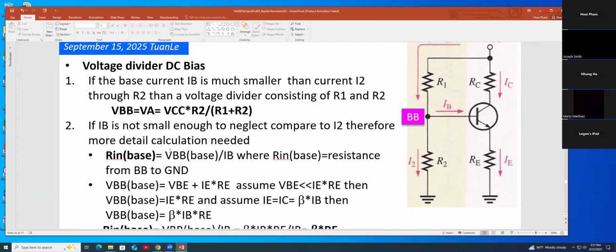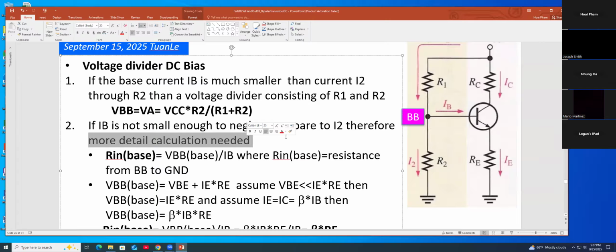If IB is not small enough compared to I2, then more detailed calculation is needed. This is used for engineering.